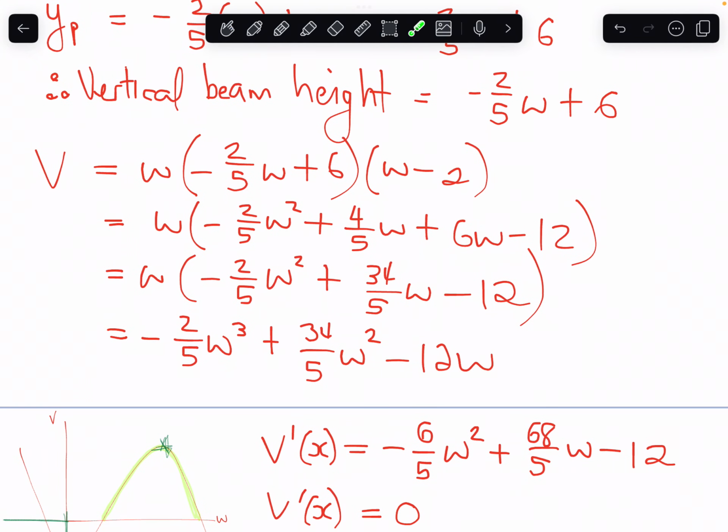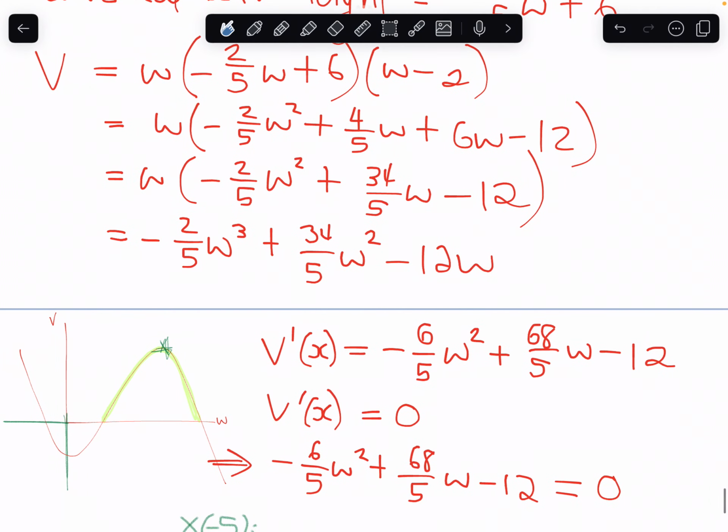Then we end up with negative 2/5 w to the 3, 34/5 w squared, minus 12w. Yeah, I agree with that. Then the first derivative will be negative 6 over 5 w squared, this one will become 68 over 5 w, and this one will just be minus 12.